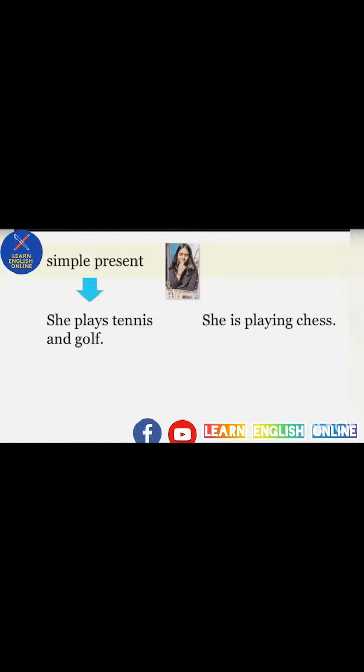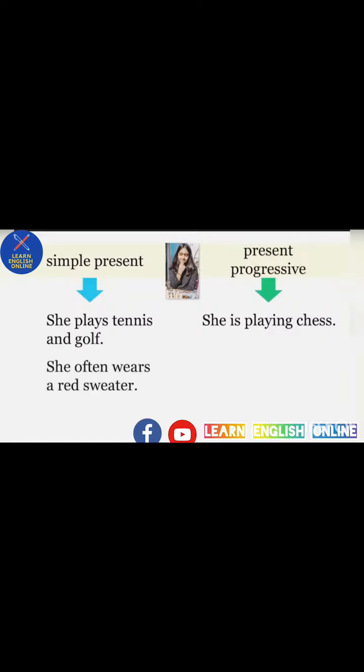Okay, let's think about this information about Anita. I told you she plays tennis and golf. This is the simple present. I also told you she is playing chess. This is the present progressive. This is happening right now.